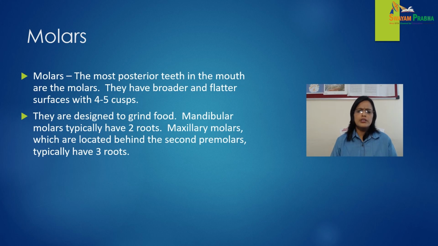The most posterior teeth in the mouth are molars. They have a broader and flatter surface with 4-5 cusps, so they are designed to grind the food. Mandibular molars typically have 2 roots, and maxillary molars, which are located behind the second premolar, typically have 3 roots. There are 12 molar teeth in the permanent dentition.